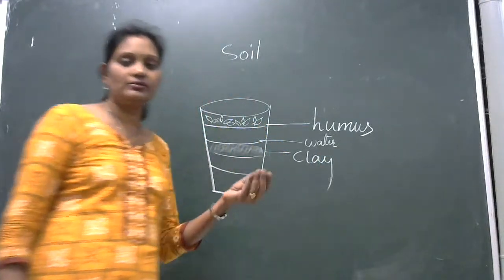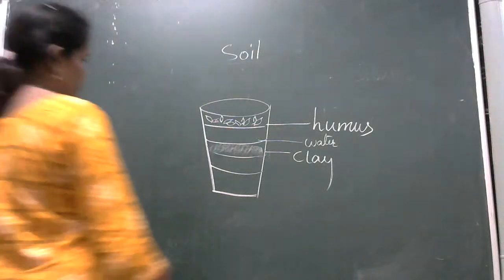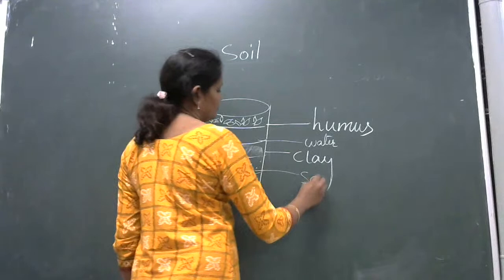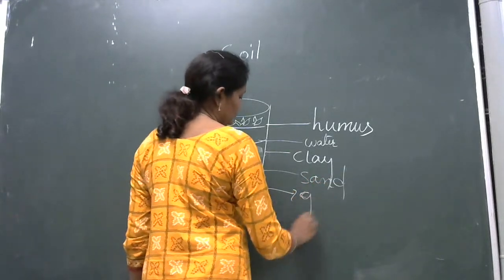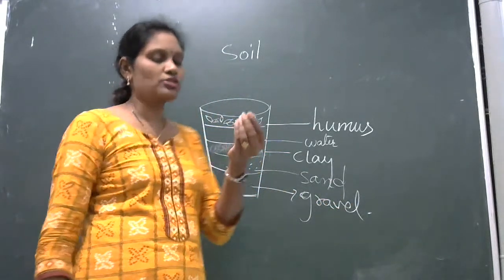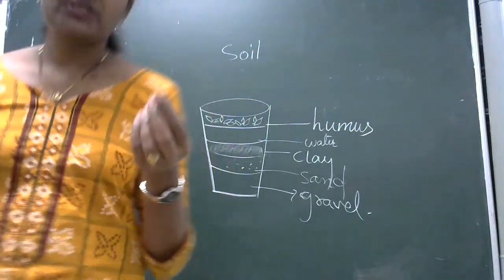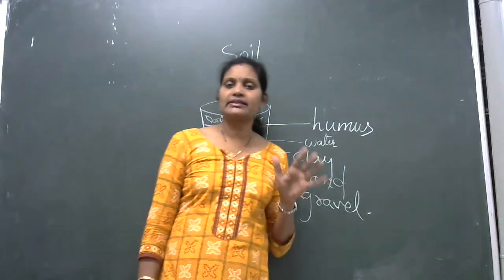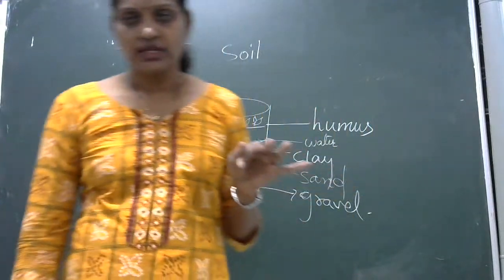Clay, the fine one, the fine particles. Then is the sand. And the gravel. Now this gravel is the small stones. Gravel is the small pieces of stones which are there in the soil. Understood, students? Is it clear?